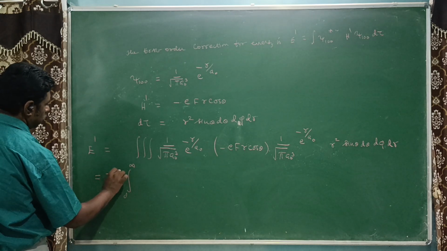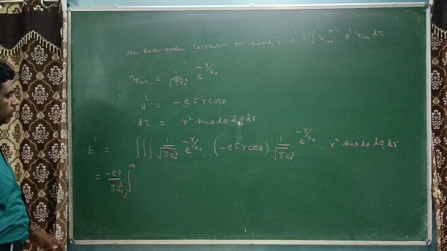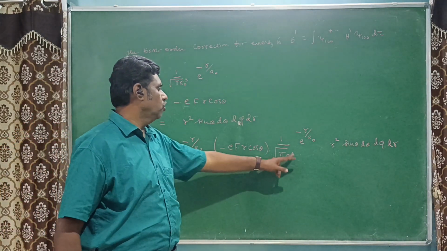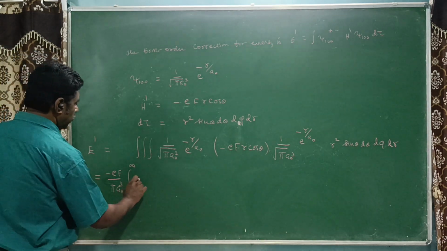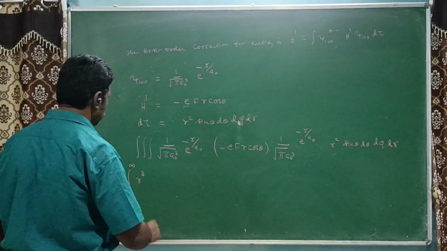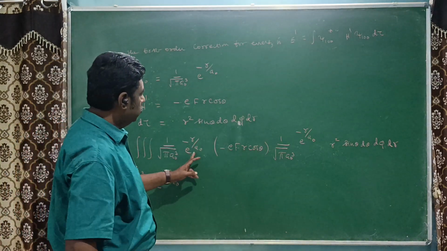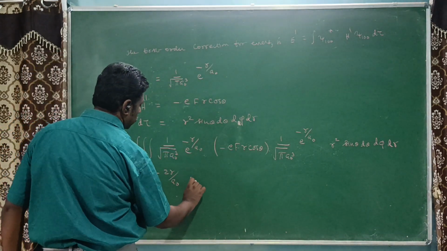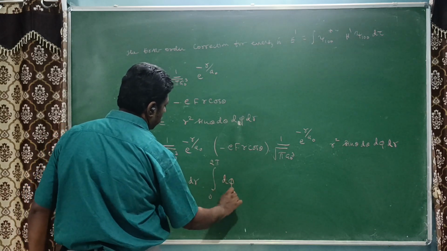Take minus e F divided by pi a0 cube outside. Root of pi a0 cube into root of pi a0 cube is equal to pi a0 cube without root. Then r into r square, r cube, e power minus 2r divided by a0, dr. Then the integral limit varies from 0 to 2 pi for d phi.